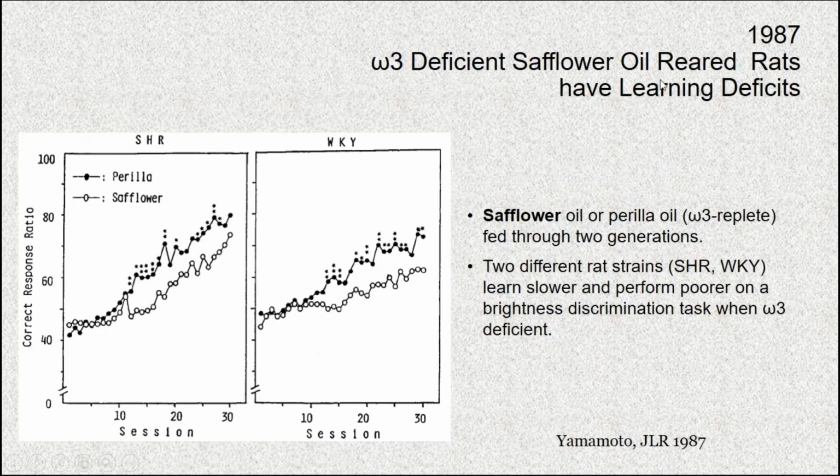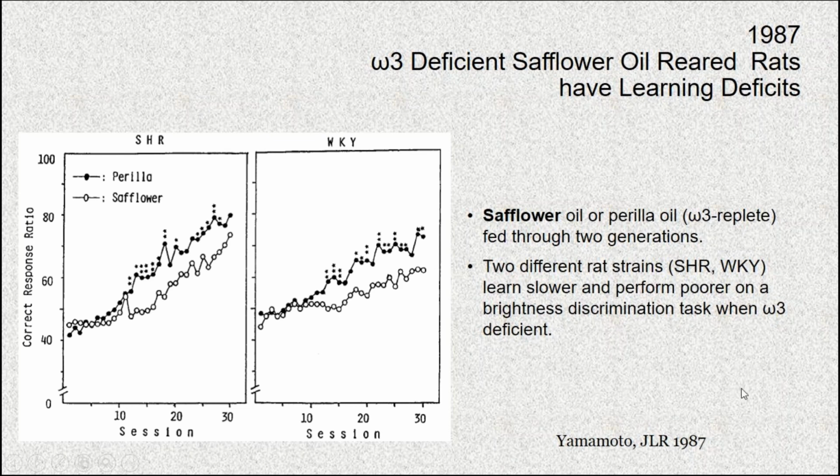Similar data were developed, and this is still back in the 80s, similar data were developed again with the omega-3 deficiency model in learning. So this happened to be two different rat strains, and these data showed that in the deficient animals, they learned slower and they performed more poorly on the brightness discrimination task when they were omega-3 deficient.